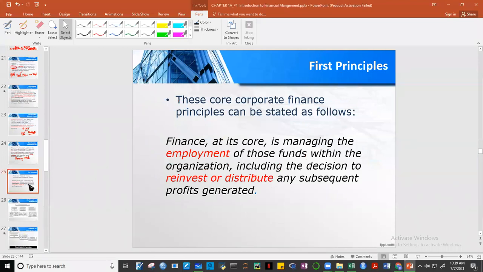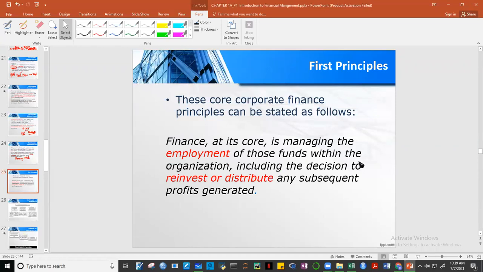Okay, so at its core, guys, finance is all about managing the funds within the organization. Ang ibig sabihin, guys, it involves the investment principle and also the financing principle. Tama ba yung optimal capital mix nila, capital structure?